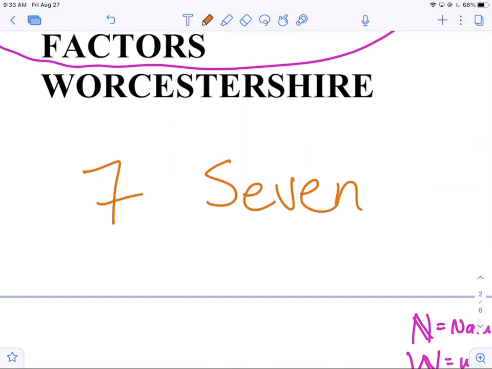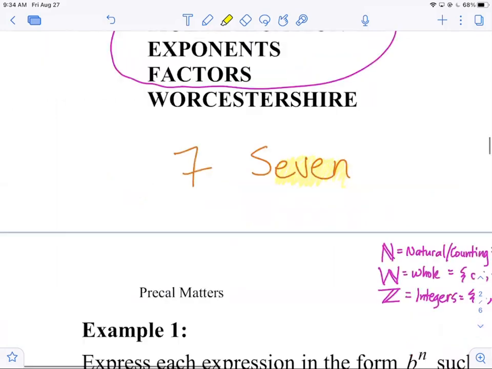Odd. Yet, the number 7, when you spell it out, has even in it. Is that what makes it odd? That certainly makes it peculiar as well, right? Not every odd number is peculiar, but 7 sure is. All right.